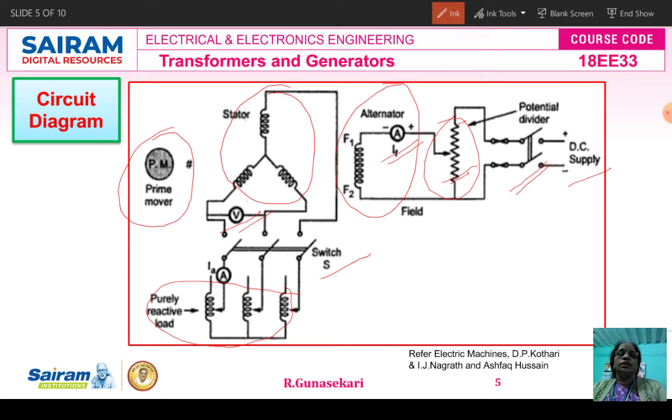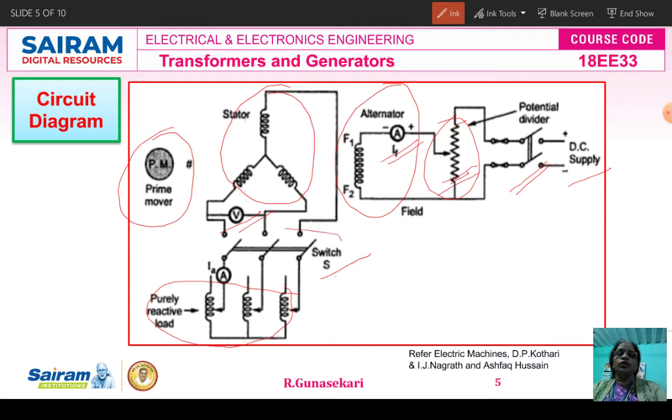This test is done until 110% of the rated voltage of the alternator is reached. After conducting the open circuit test, the field rheostat is brought to its original position, that is, the maximum position.